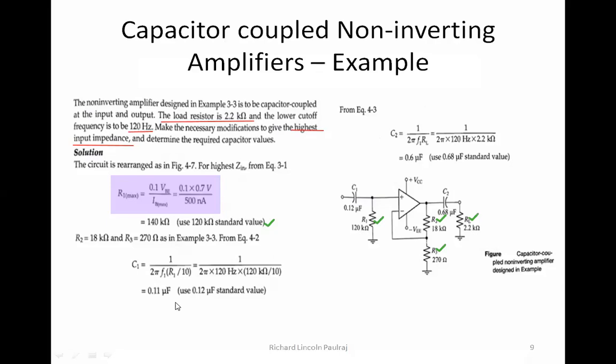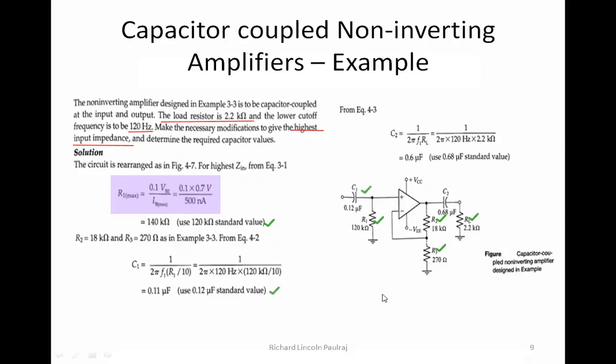Are we? Yes, sir. Yeah, okay. So remember, we are not going to go with the lower value here for capacitance, but we are going to go with a little higher value. So 0.12 is what I'm going to use. So 0.12, so C1 is done.